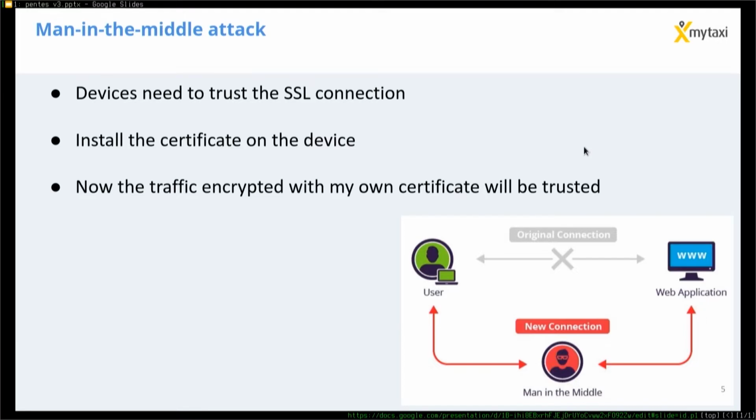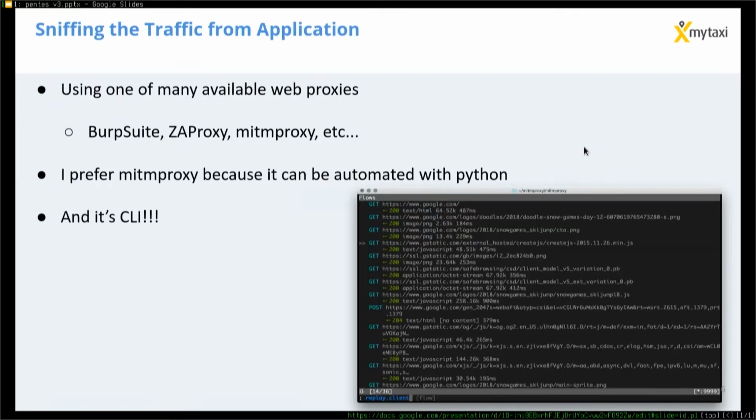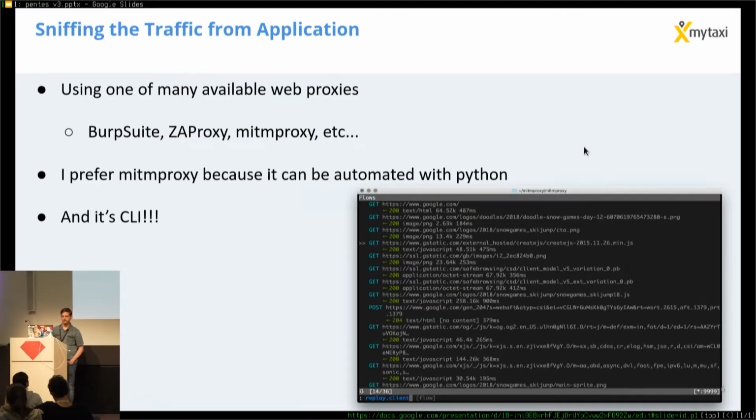I redirect the traffic from the user to my own device, and from my device I create another connection to our backend, and therefore I can see all the connections that go through. To do that, I use a web proxy. There are many available. I've used Burp Suite, ZAP proxy, and mitmproxy, and I prefer the last one because it can be easily automated with Python, and Python is my favorite language.